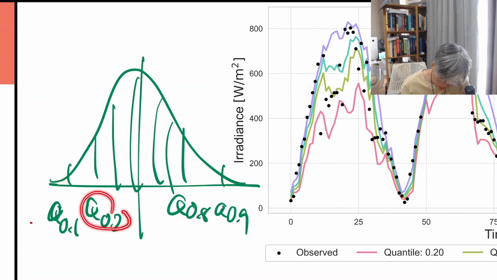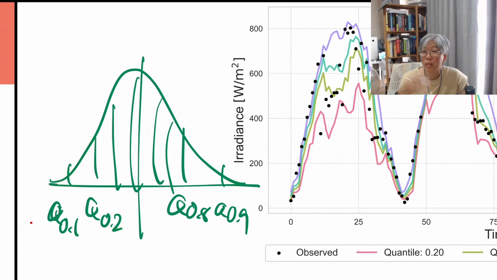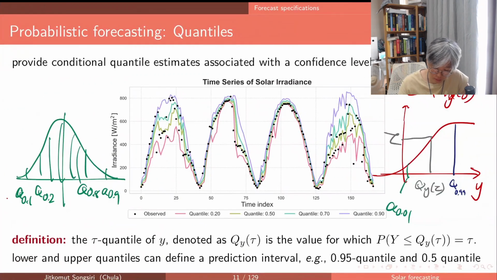I mark quantile 0.2, it means that the area here is 0.2. Basically, if you can gather a bunch of quantiles, it is the same as getting a discrete approximation of your CDF or PDF, and it's the same thing as telling the distribution of your forecast value.